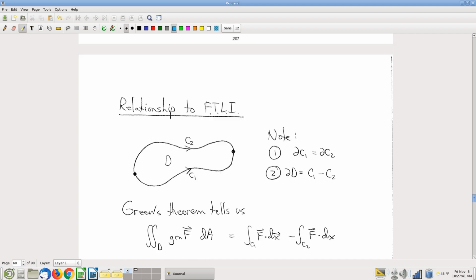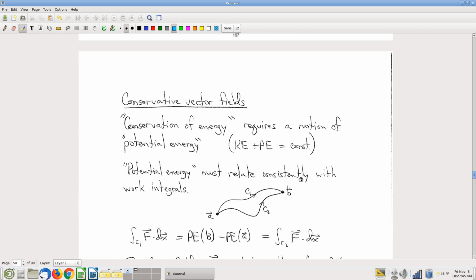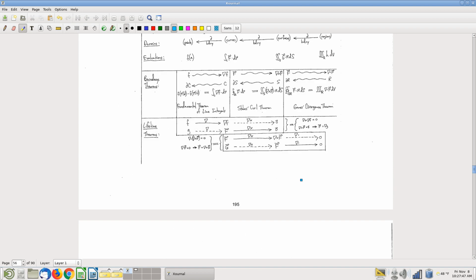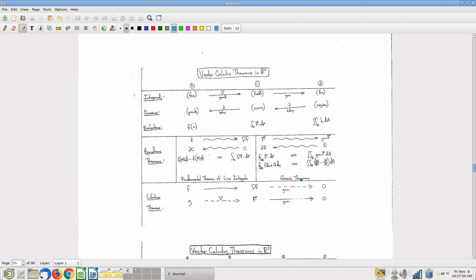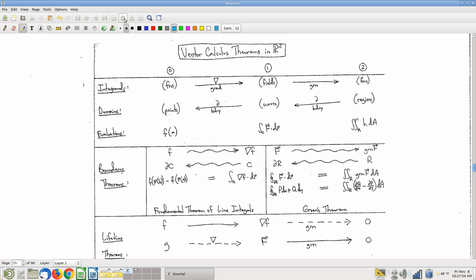So let me flip back to that page. Where is it? That's further back than I thought it was going to be. Here we go. So we talked before, without any justification, I made this assertion that if you compute Green's operator and you get 0, then that means that there is an anti-gradient for that vector field. And this was just trust me, it's magic.